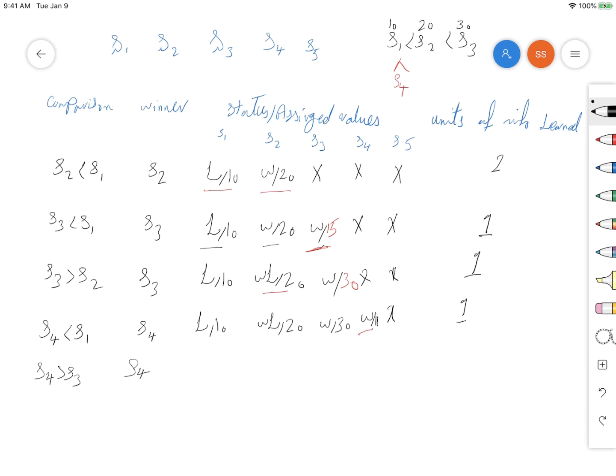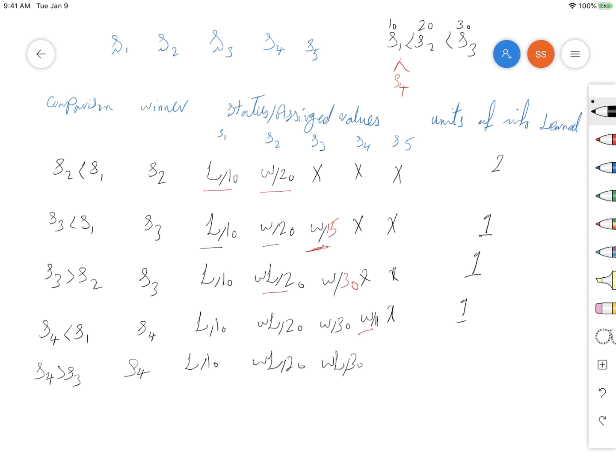So now we're comparing S4 with S3 to see what's the relation between these two numbers. S4 was the winner, so no change on the status of S1, no change on the status of S2, and now S3 becomes also a loser. So here we need to change the status of S3 to win-lose, with the value 30 that it has.